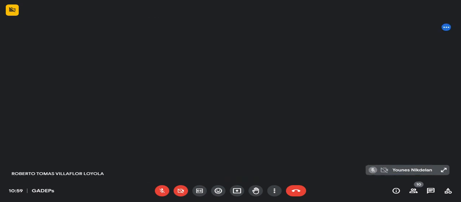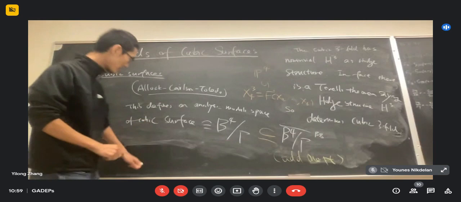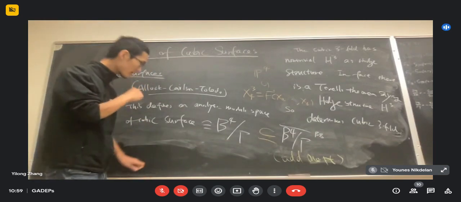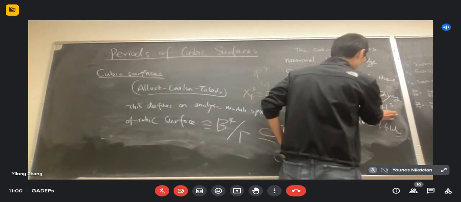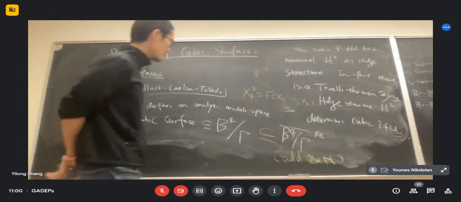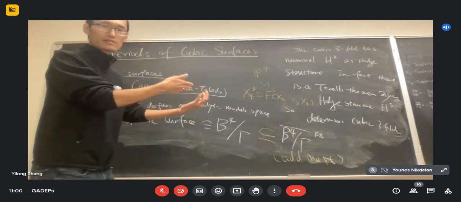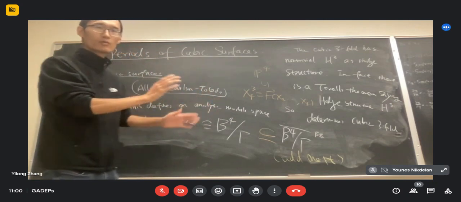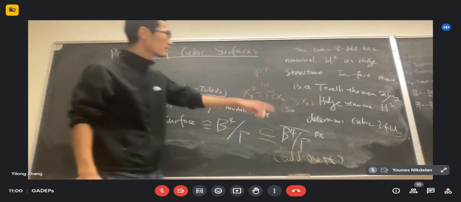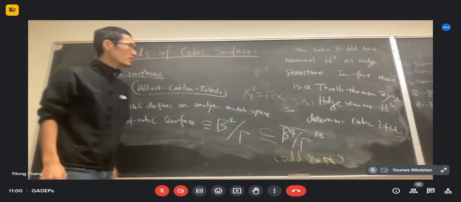Hey, Yilong, sorry. You mentioned that you didn't take the full Hodge structure of the cubic threefold for defining the moduli? Yeah, there are some details in between. It's not only considering this H3 of the cubic threefold, but also the group action on the H3. Under this group action, you can extract a four-dimensional subspace out of this H3.